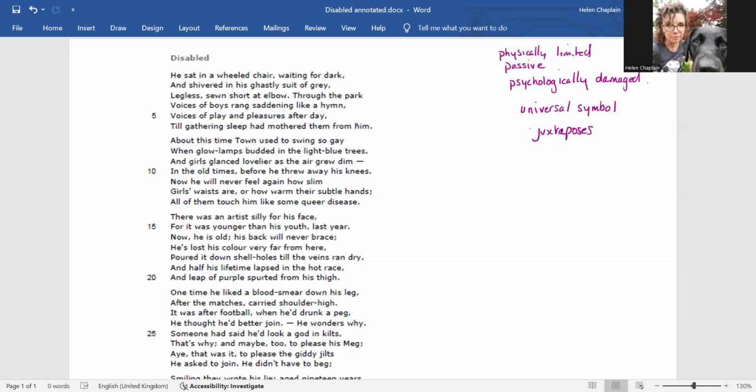It explores ideas of lost potential, lost hope, the impact of war on individuals, and maybe the ongoing effect of war, rather than the immediate injury. If we look at the title Disabled, we can actually now say that this man is defined by his injuries.